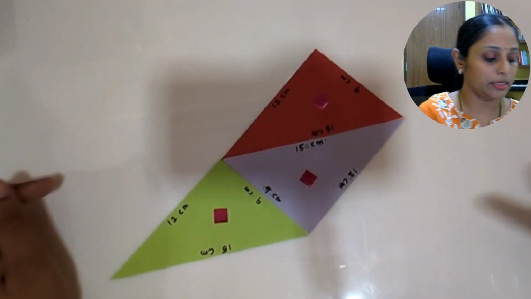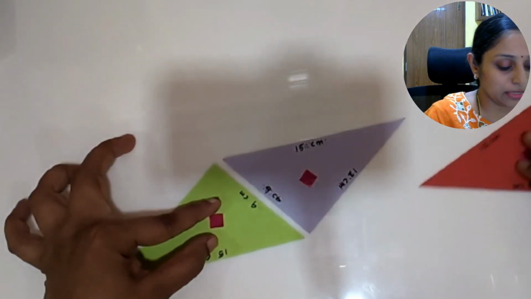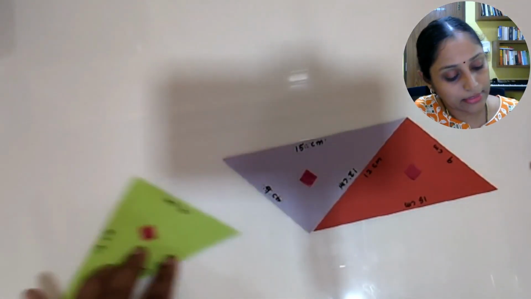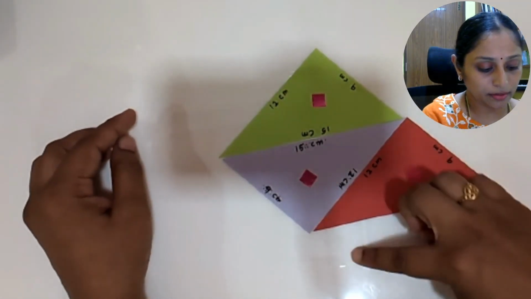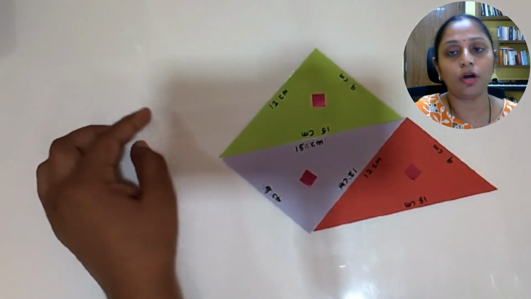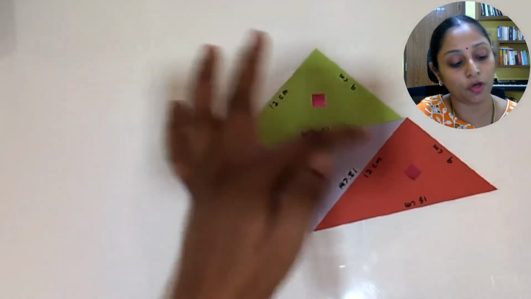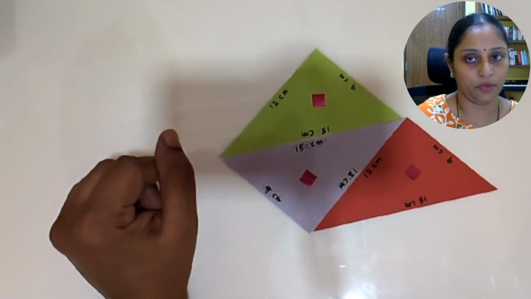So you can see here that the non-parallel sides are 9 and 15, and in this case the non-parallel sides are 12 and 9, and in this case the non-parallel sides are 15 and 12. So the non-parallel sides need not be equal. In case they happen to be equal, we call it an isosceles trapezium. Okay.